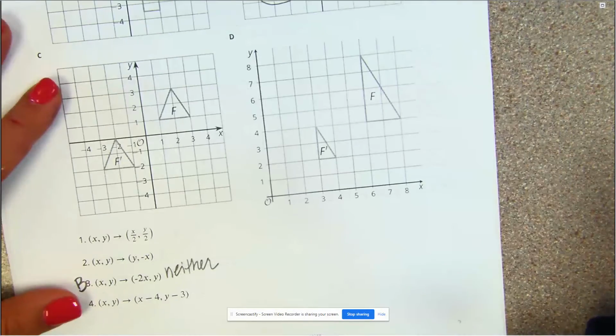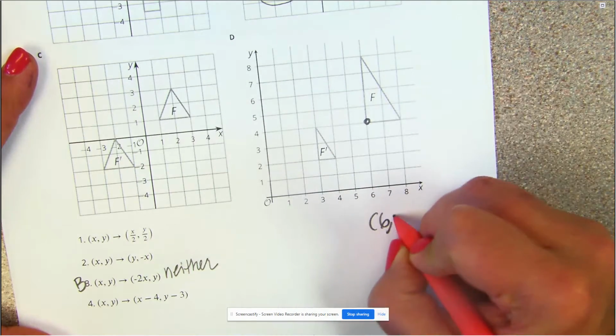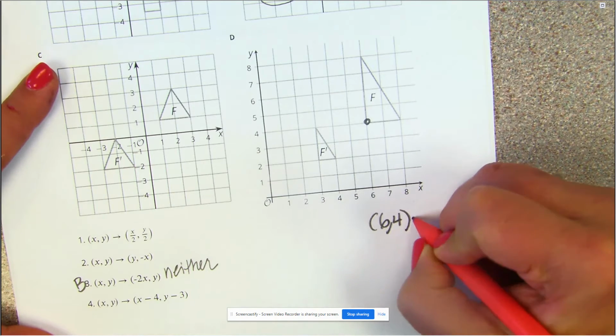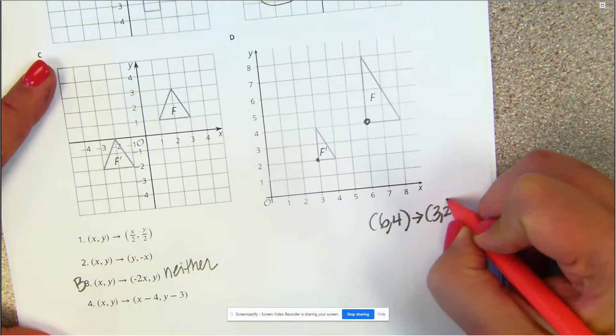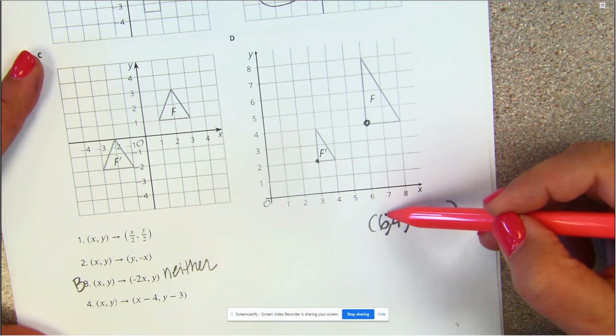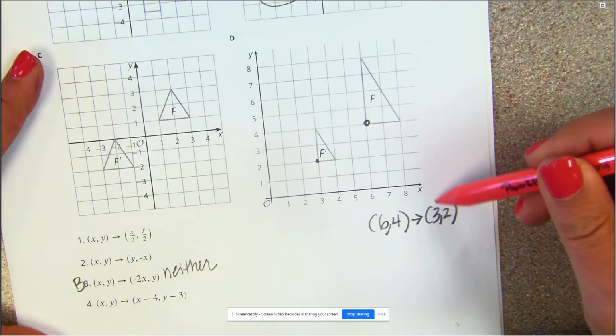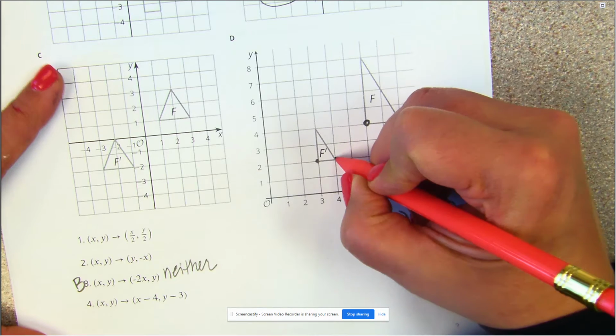I'm going to do D. So this was the original, the point 6, 4, and that became the point 3, 2. So you might try, did they subtract? 6 minus 3 is 3. 4 minus 2, let's try another one, or maybe they divided.